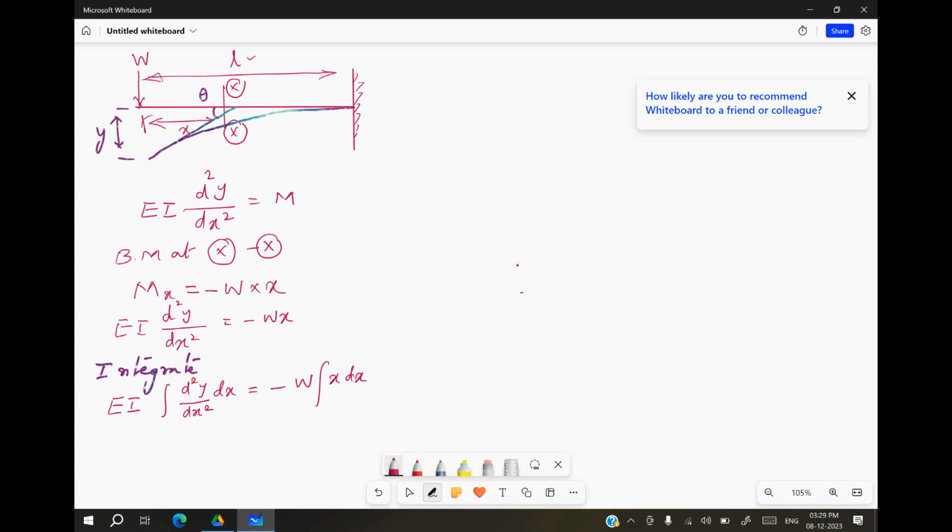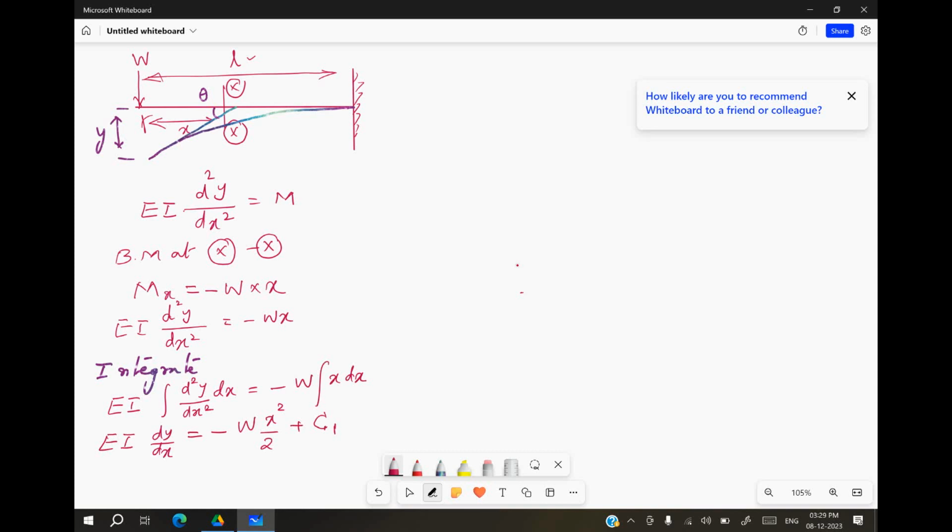There is a constant on the left side and on the right side; I will put them together. When I integrate, EI dy/dx is equal to minus W x²/2 plus the constant C1.